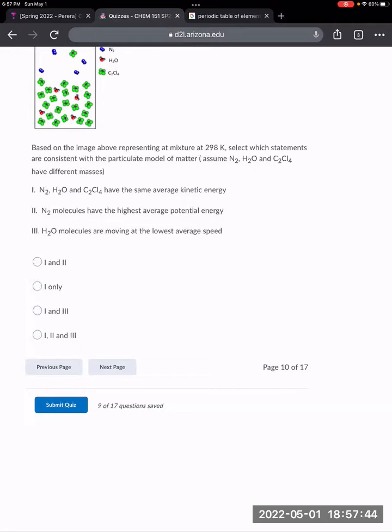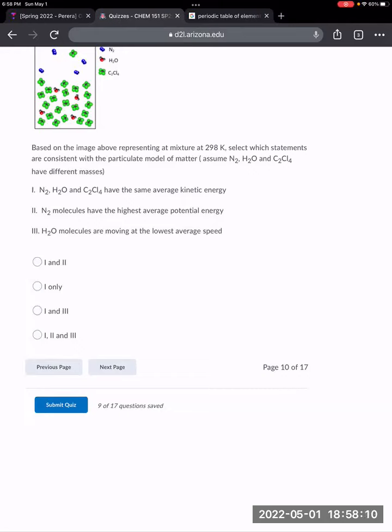You have 4 of them, so give me a second. 35.5 times 2 is 71. 71 times 2 is 142. 142 plus 24 is 166 or something like that. It's very heavy. So C2Cl4 is the heaviest.